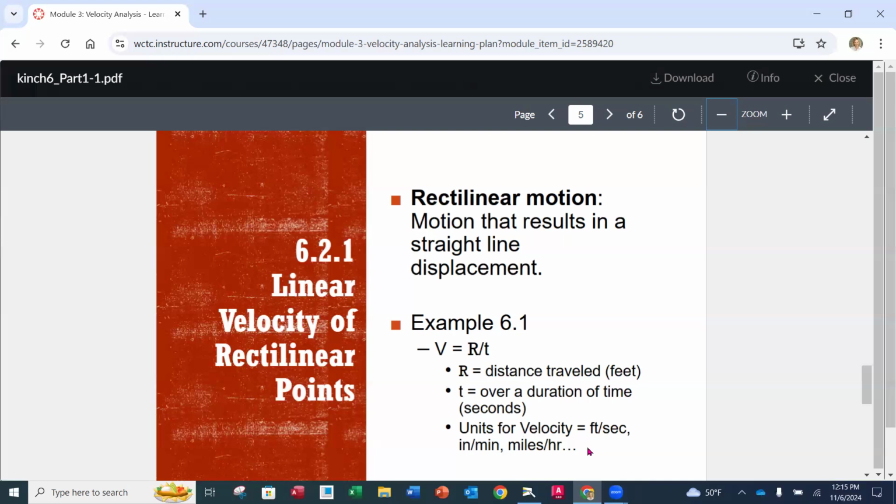When we see units for velocity, they're going to be feet per second, inches per minute, inches per second, miles per hour, kilometers per hour: distance divided by time. That per is basically your division symbol in the equation. So any questions right now on units or the equation for just linear velocity?